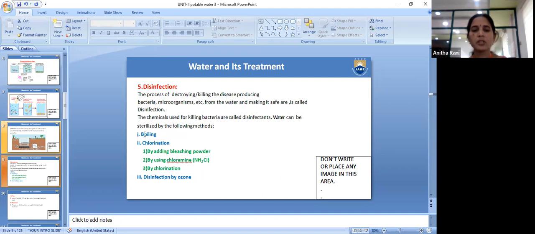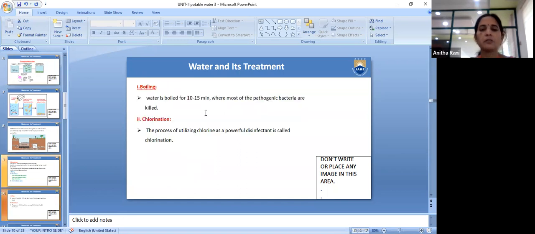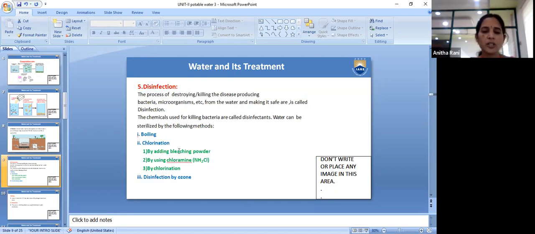The first method, the general method, is boiling. We boil the water at our homes for 10 to 15 minutes so that we can kill the pathogenic bacteria present in water. The second one is chlorination.